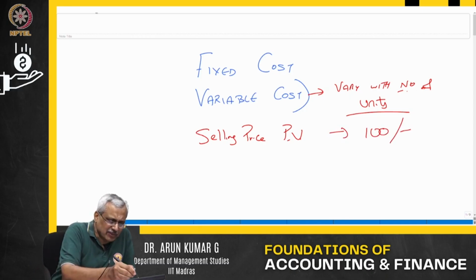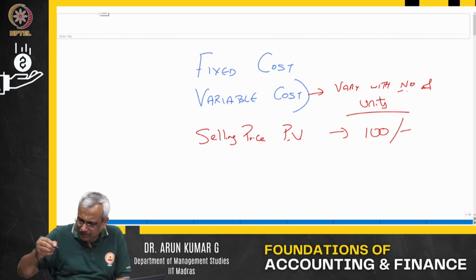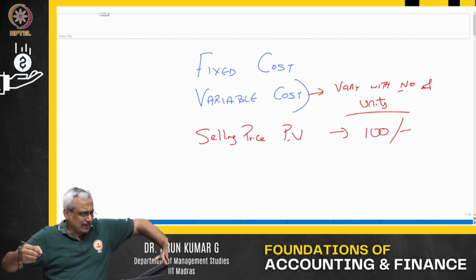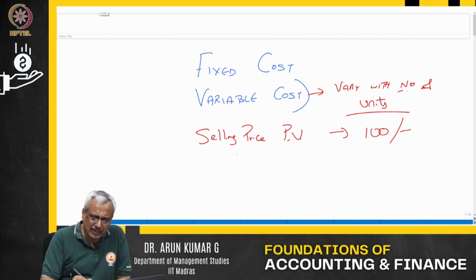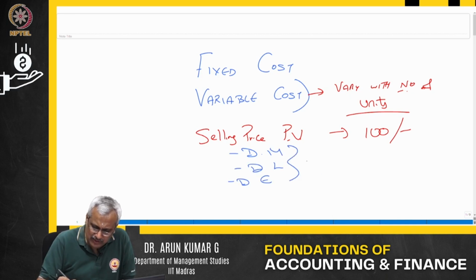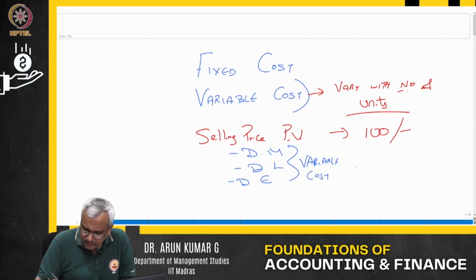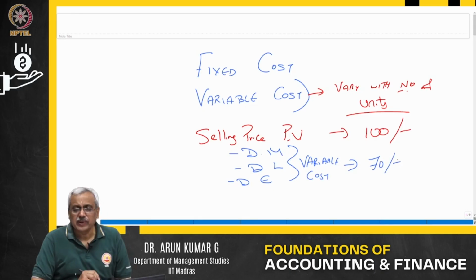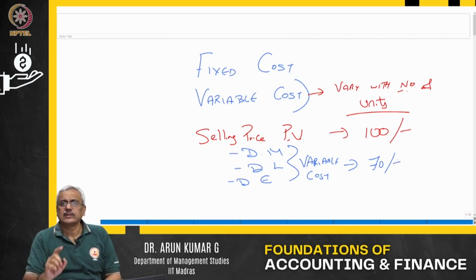Let us say my direct material, my direct labor, my direct expenditure, all these put together, basically your variable cost, amounts to about 70 rupees per unit.